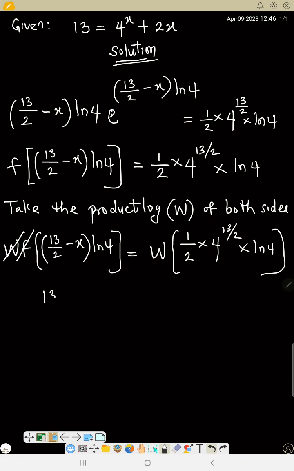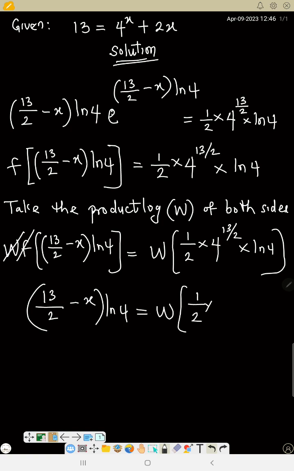So I will have (13 over 2 minus s) ln 4 is equal to w of 1 over 2 times 4 raised to power 13 over 2 times ln 4. Now what I have left is this w. How can we take care of that w? We can press the calculator to get the w.